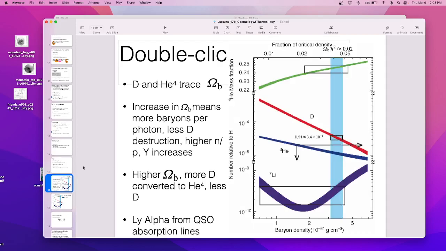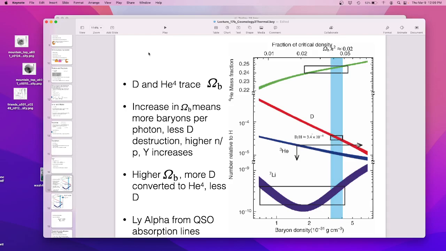So the important bit, let's get rid of that. The important bit with measuring these things is what we can tell is the temperature of freeze out and the number density when the helium-4 is frozen out.